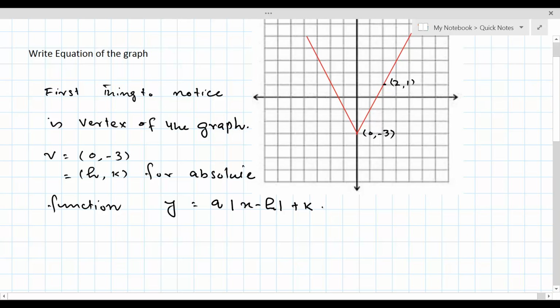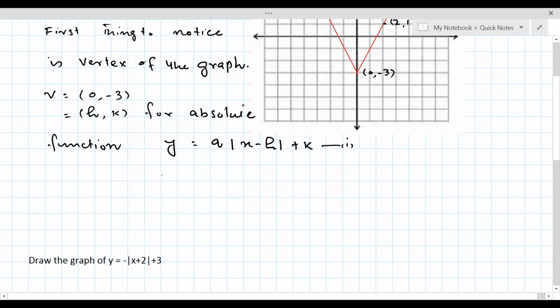If we substitute these values of h and k, we will see that y is equal to a times |x minus 0| plus -3, because it's 3 steps down. So y is equal to a times |x| minus 3. That is the required equation.